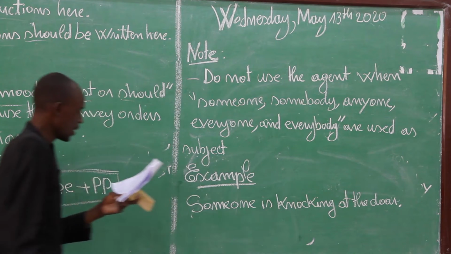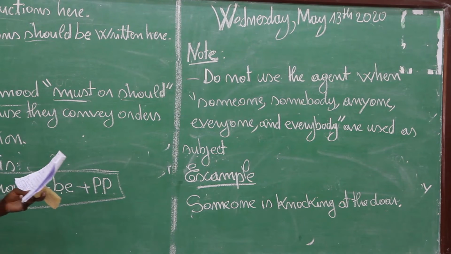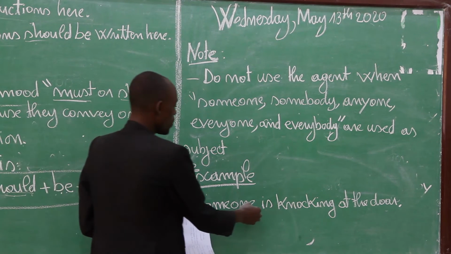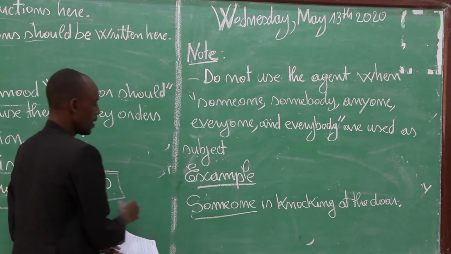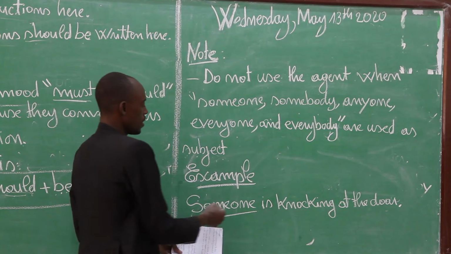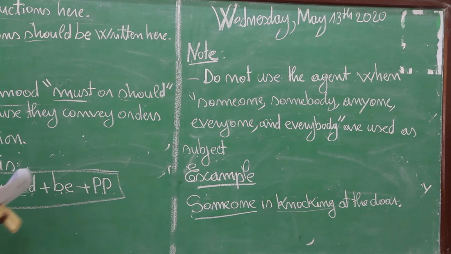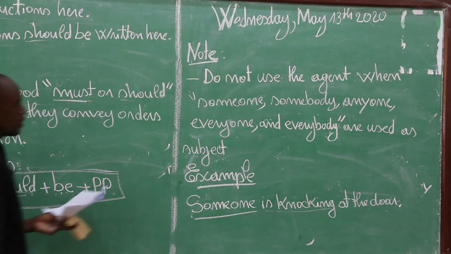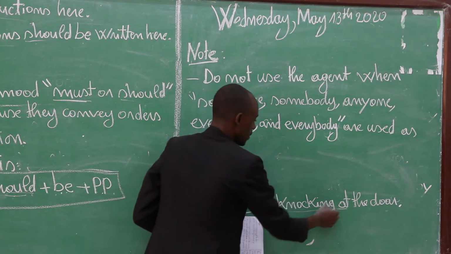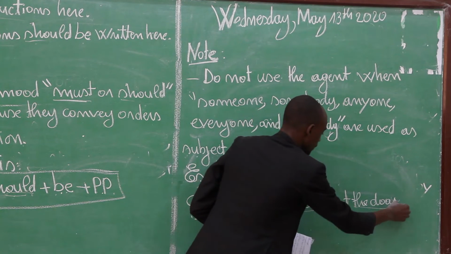Someone is knocking at the door. We have someone as the subject, a verb conjugated in the present progressive, and we have the object.